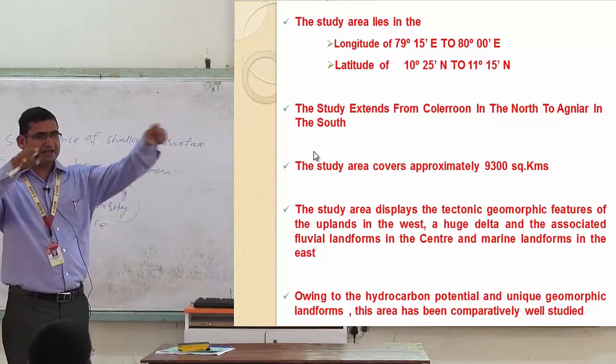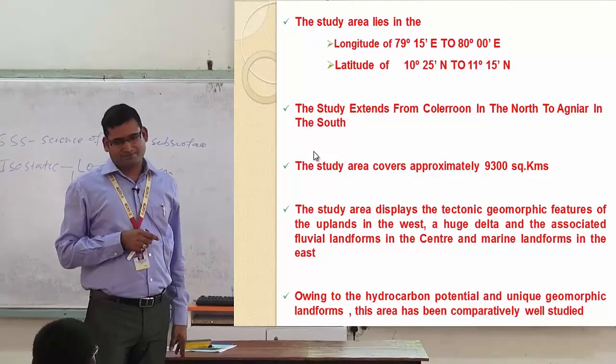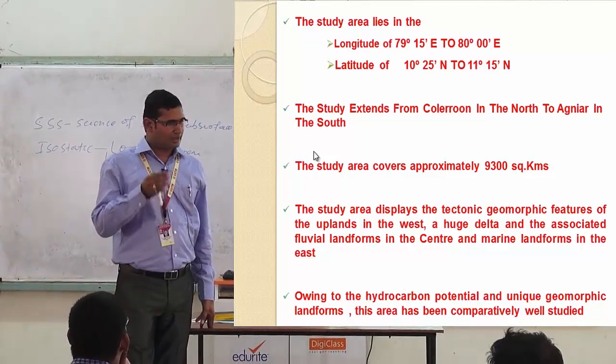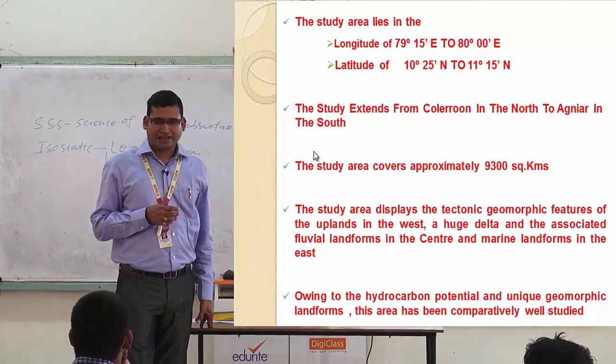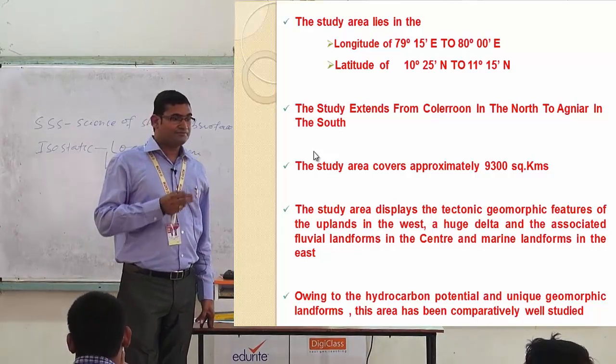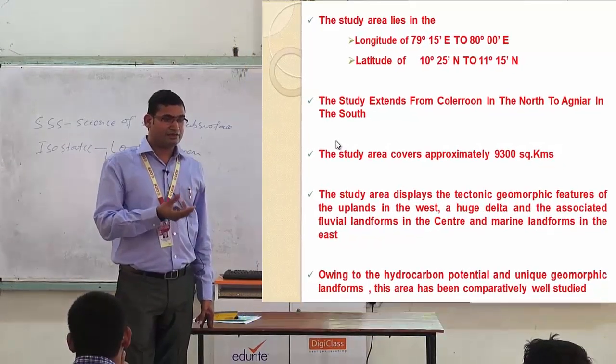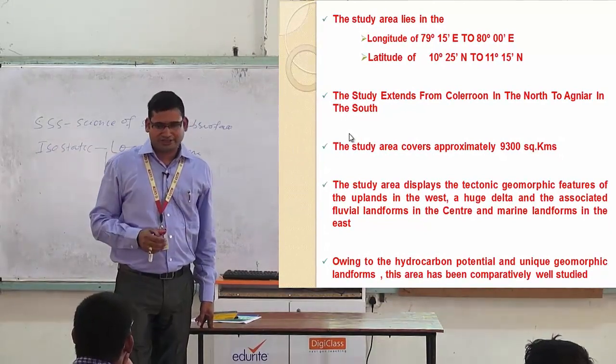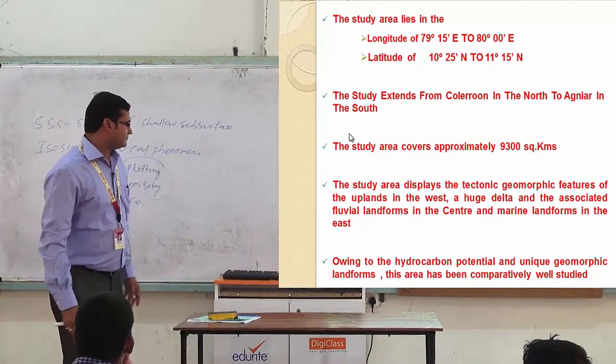Then in between there is a huge arcuate delta. Arcuate comes from the shape of an arc, so the name is arcuate delta. Then some marine deposits are there. Then in the eastern part there is the ocean, that is your Bay of Bengal.